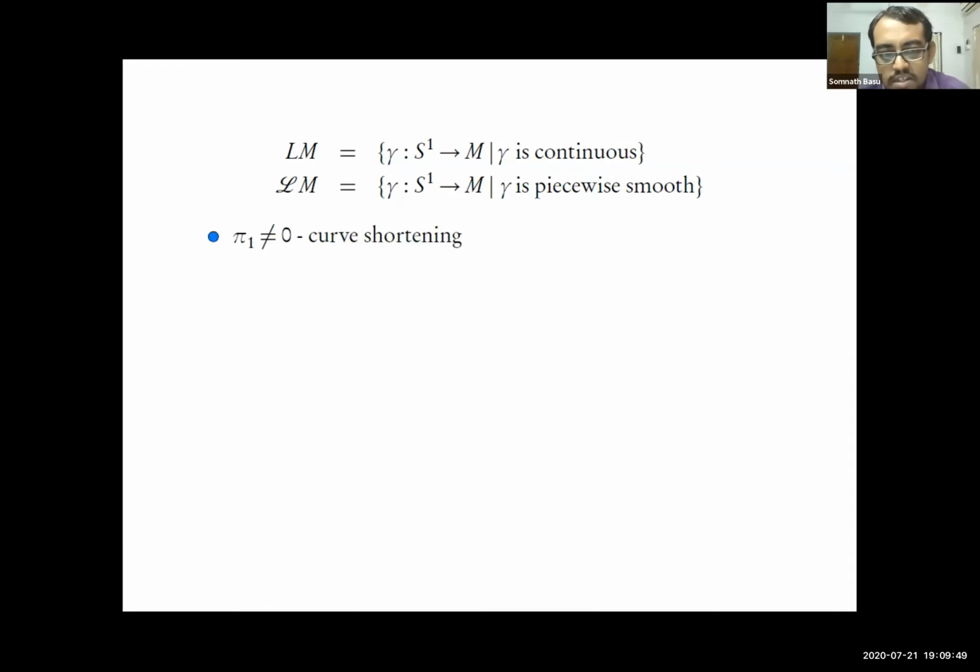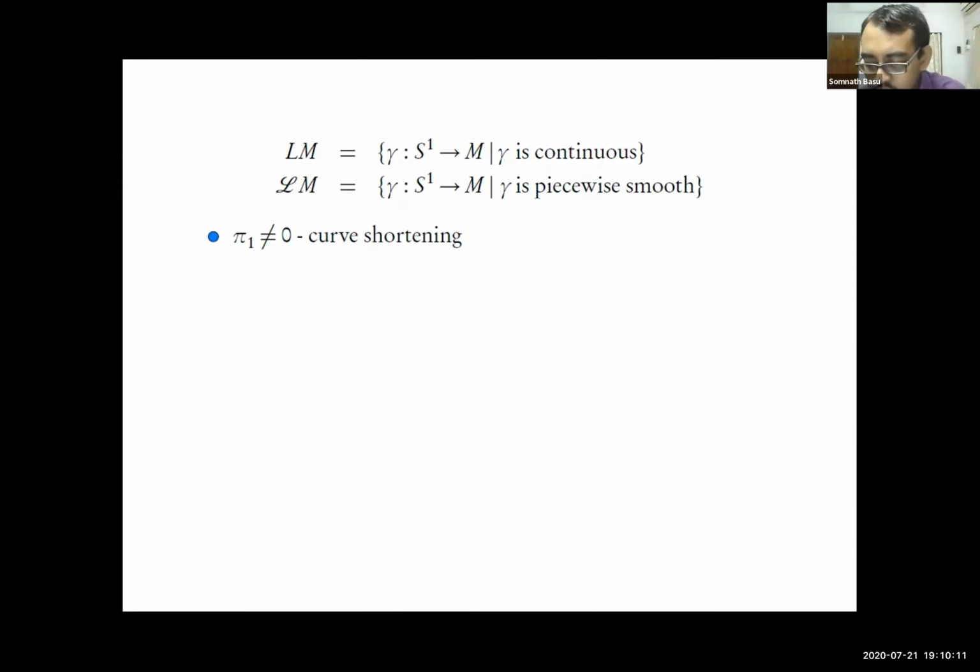So having said that, let's see what happens when M is compact. When M is compact, it turns out that there is a chance that you can get a non-trivial closed geodesic. There's a topological argument that if pi1 is non-zero, then there's something called curve shortening.